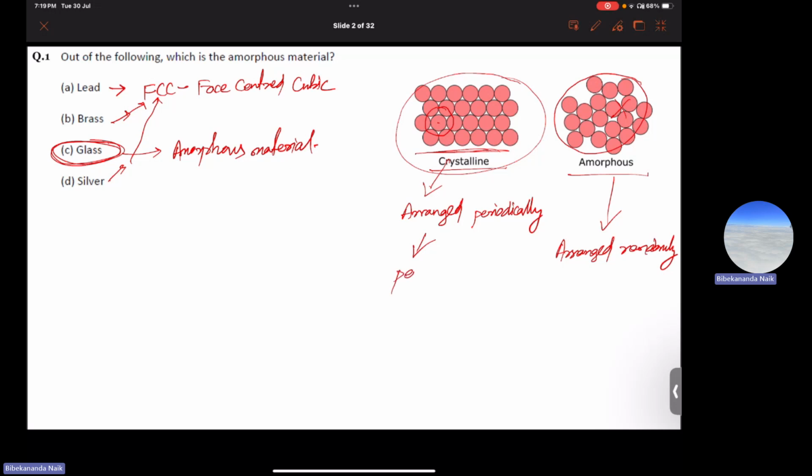Arranged periodically means they have a repeating pattern. However, amorphous solids are nearly opposite in most ways from crystalline solids. They have irregular internal atomic structures, and as a result, they don't exhibit certain properties that are exhibited by crystalline solids. I hope this is clear to all of you.